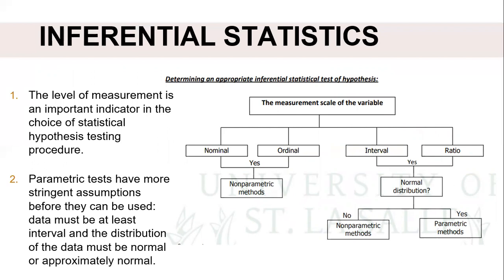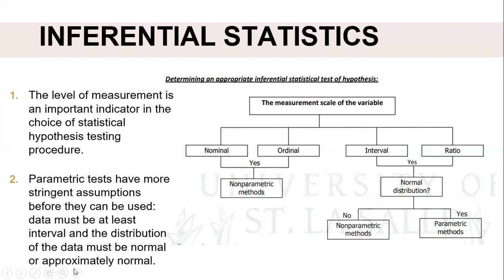The level of measurement is an important indicator in the choice of statistical hypothesis testing procedure. Is your dependent variable nominal, ordinal, interval, or ratio? It's important that you know them because it would help you determine what particular statistical tools or techniques are applicable.